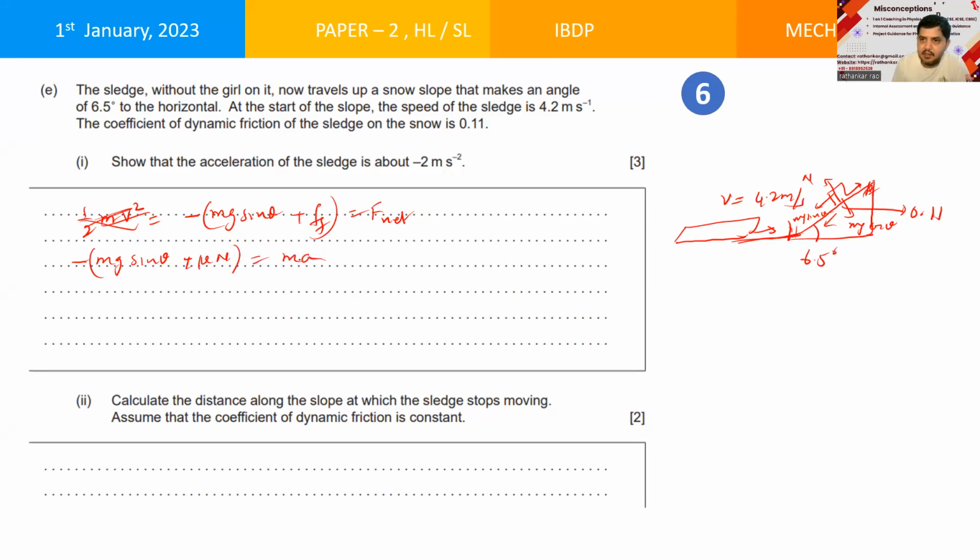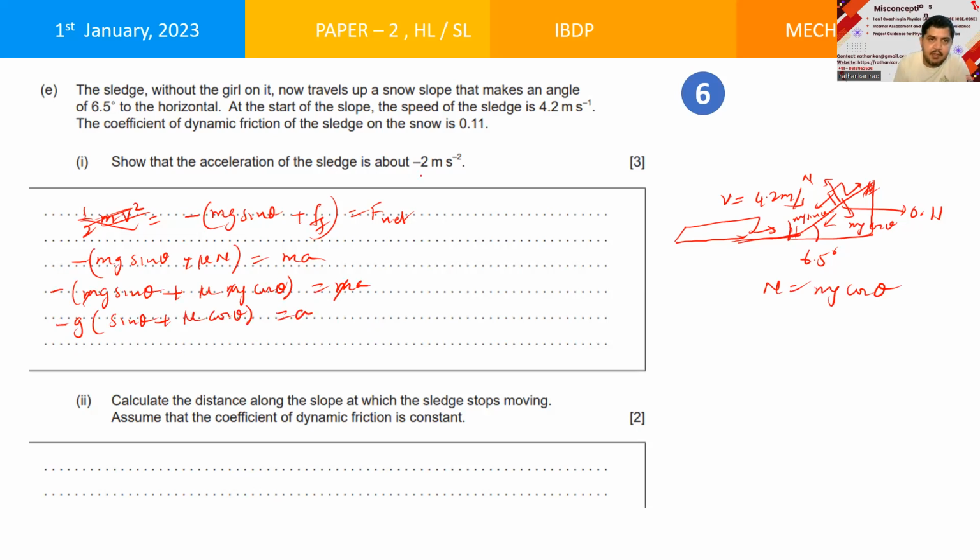Now what is N? If you observe here, N is nothing but mg cos theta. Okay, let us substitute that. So minus of mg sin theta plus mu times mg cos theta should be equal to ma. Now I'll cancel this m and m over here. I'll get minus g into sin theta plus mu cos theta is equal to a.